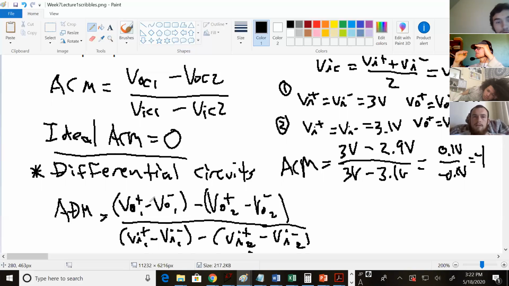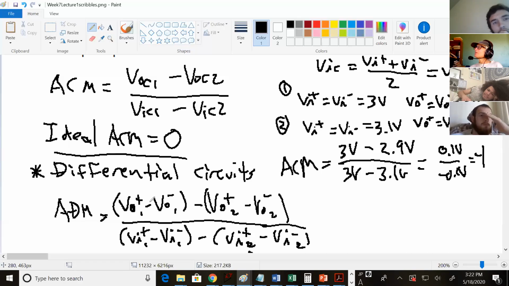Okay, and then let's say I move this up to 3.2 and this down to 2.8. What's my average? 3. Can I use that to find the common mode gain? Those 2 points? No, because they both have the same average.